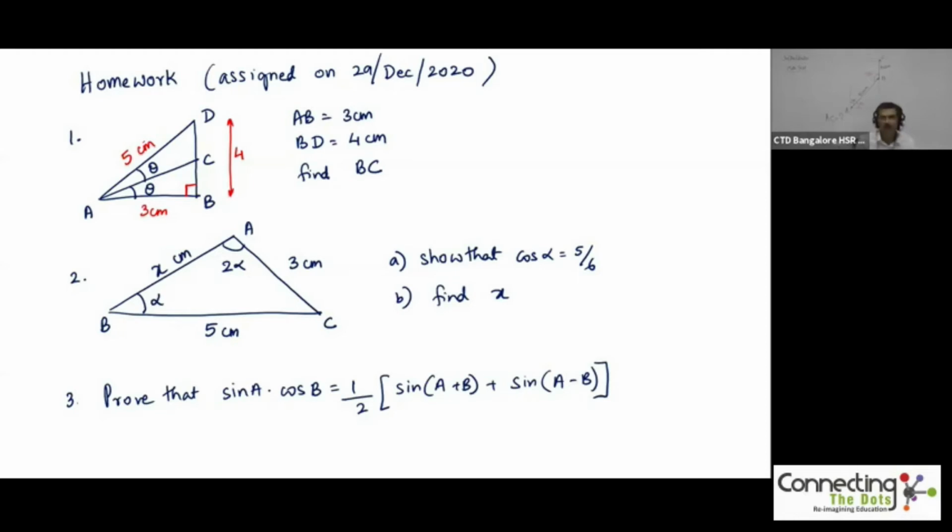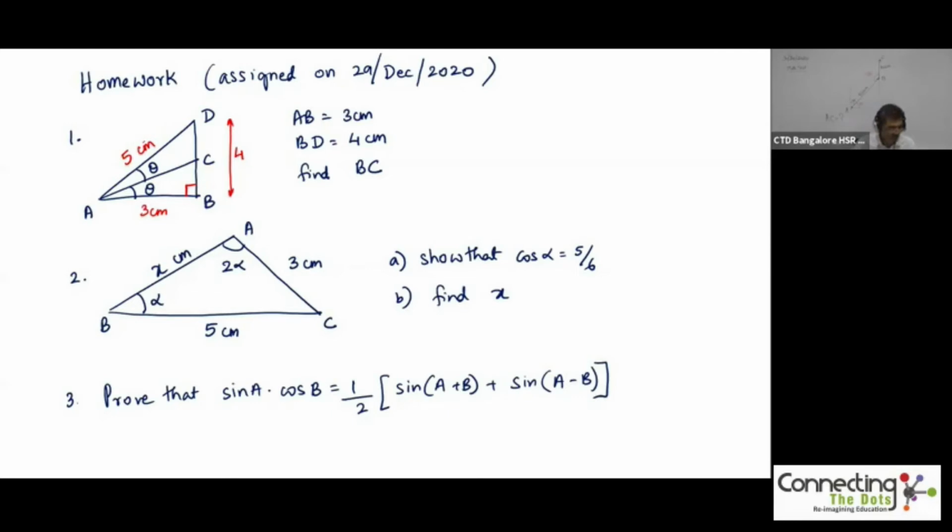So both of you used the cosine rule and got quadratic equations. I actually just used the calculator to find the inverse of cos 5 over 6, but I think we were not supposed to do that. Yeah, you're not supposed to do that, I don't think.